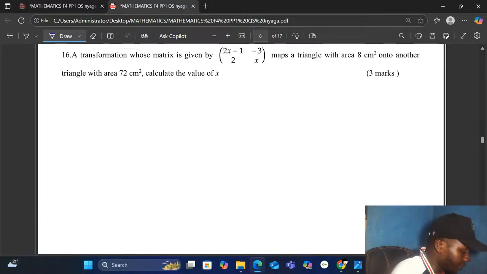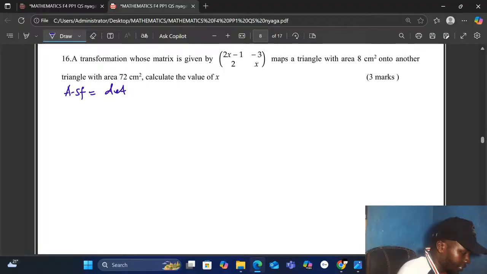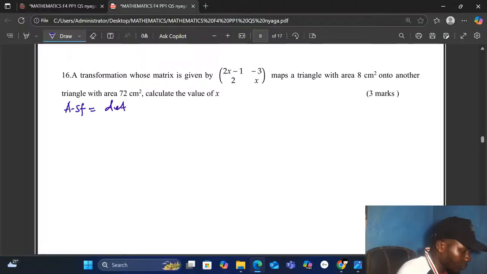So we can solve this by having our area scale factor equal to the determinant. We know that. Now the determinant, we know how we find the determinant.